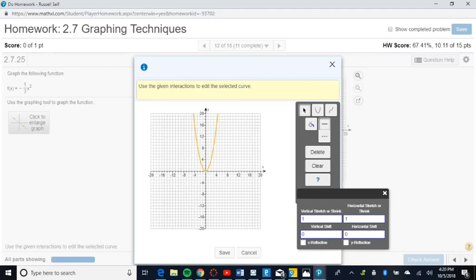So if you look at this function, the first thing about it is that f of x is a negative, right? Well, if it's negative, that means it's going to be reflected, right? And since it's a function in x, it's the x that's being reflected. In other words, instead of opening up like we have it right now, we need it to open down, okay? So the first thing we'll do is click on that to get it to open in the right direction.